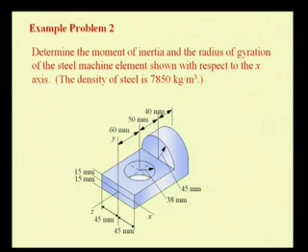and from these two we can determine the radius of gyration. In order to determine the second moment of the mass for this shape, we have to decompose it into simpler shapes for which the second moment is known. So, that is our first step.